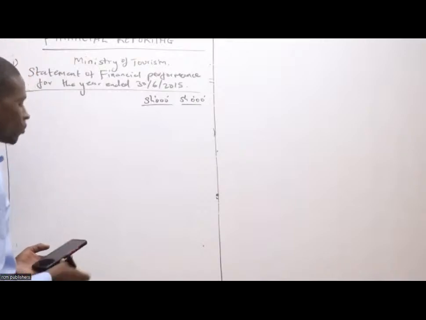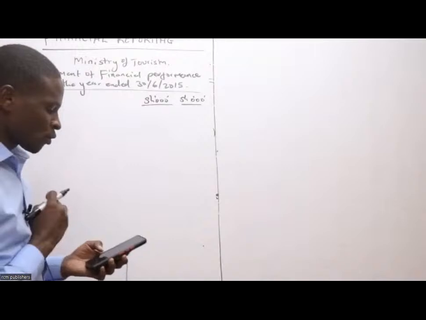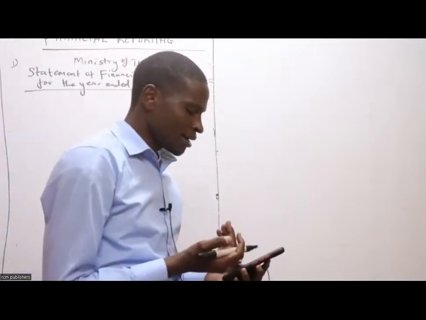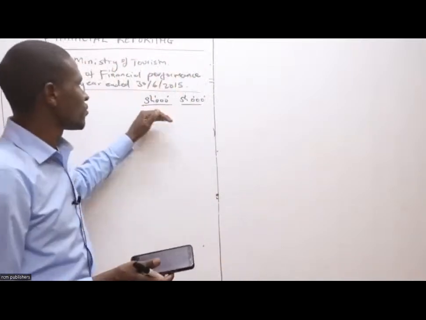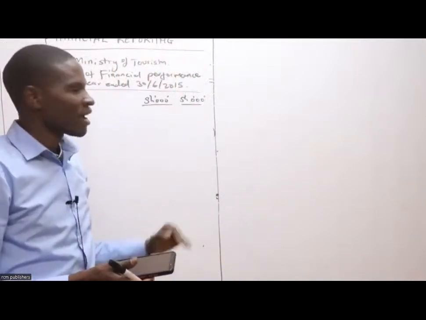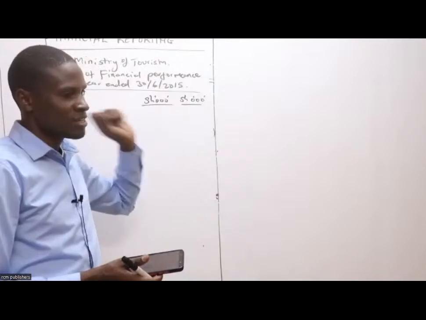Never forget, just look at the question as it is. For instance, look at accumulated fund. Assume we leave this and have not indicated that the 3 zeros are eliminated.